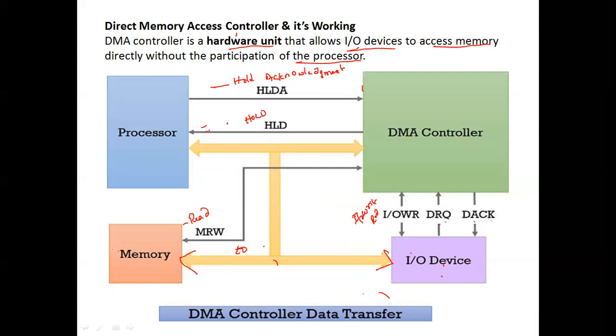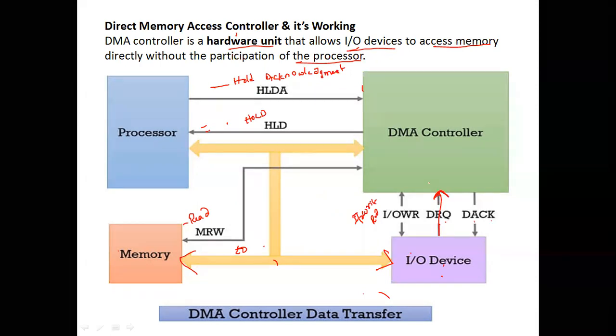So whenever the IO device wants to transfer data to or from the memory, it is going to send DRQ, the DMA request, to the DMA controller. That means it is asking permission from the DMA controller that it wants to transfer a bulk amount of data.